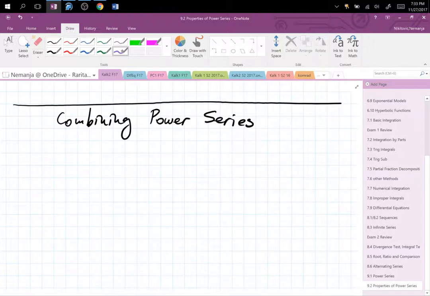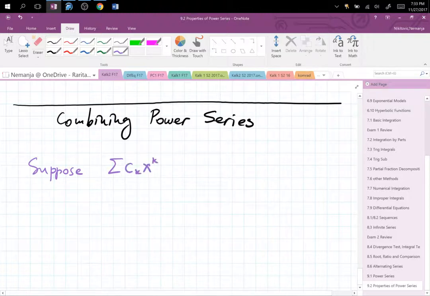Suppose that summation of ck x to the k, which is a power series, converges to f of x, and summation of dk x to the k converges to g of x. So we have two power series that converge to these functions.